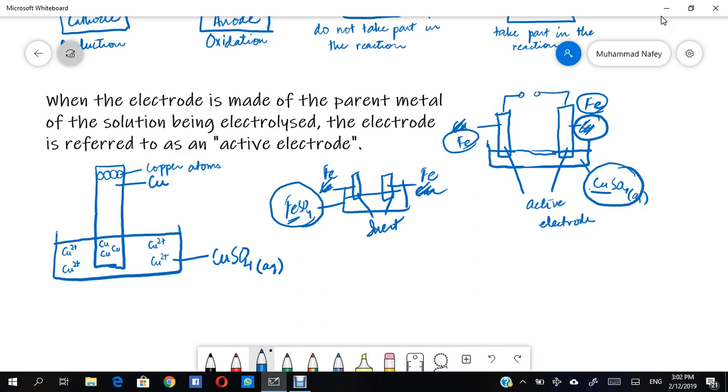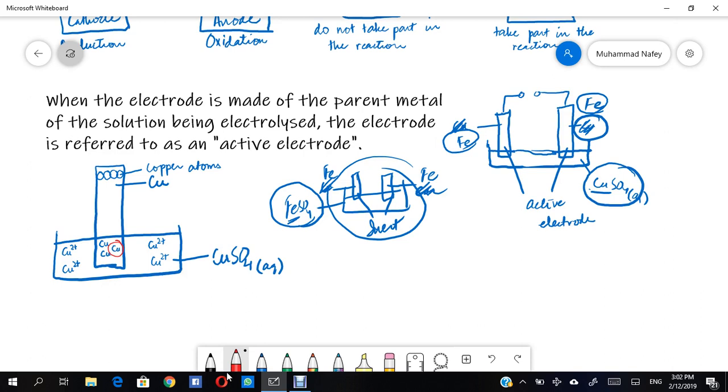Right. Now, when we dip a metal in a salt solution of its own salt, in this case, copper in a solution of copper sulfate, or iron in a solution of iron sulfate, some very interesting things happen. Let's take a look at this copper atom.